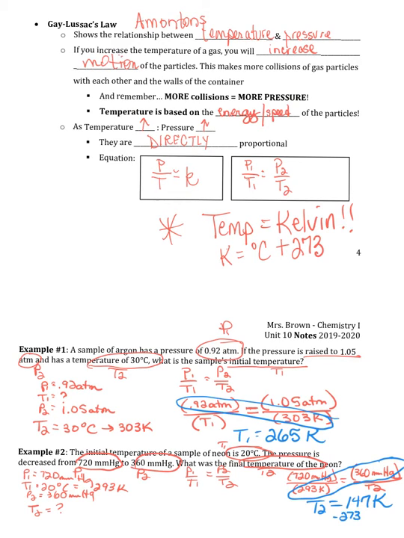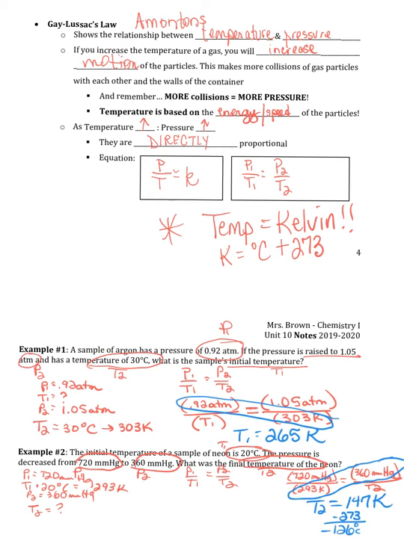Now, if they asked for this in Celsius, you would have to subtract 273 to get it in degrees Celsius. We have 147 minus 273, which would be negative 126 degrees Celsius.